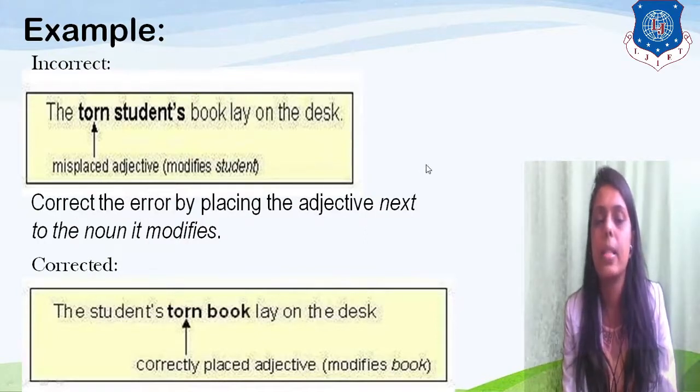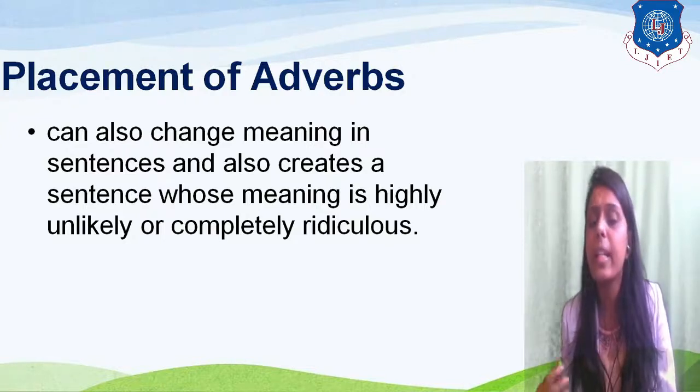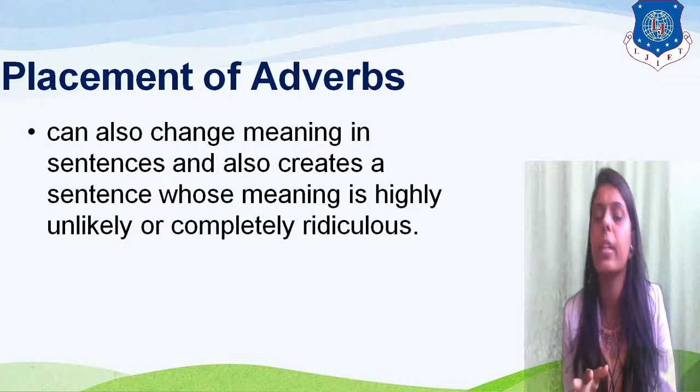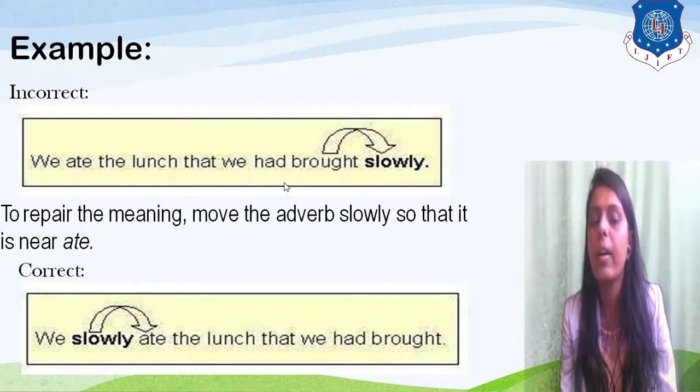So next is a misplaced adverb. That can also change the meaning of a sentence and create a sentence whose meaning is highly unlikely or completely ridiculous. We all know an adverb is one which modifies the verb. So here is an example of a misplaced adverb: we ate the lunch that we had brought slowly, right?